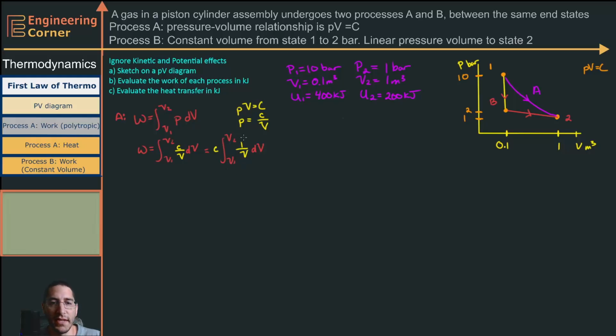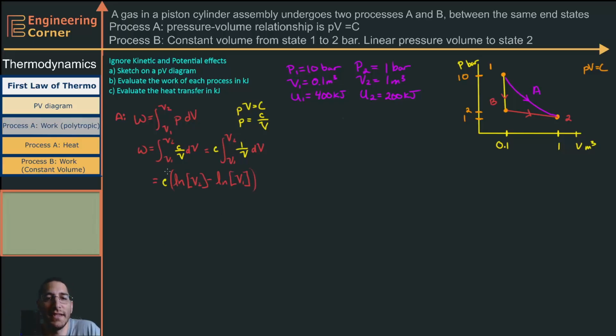We know that it's the natural log. So the work is going to be equal to C times the natural log of V2 minus the natural log of V1, and C is multiplied by both of those.